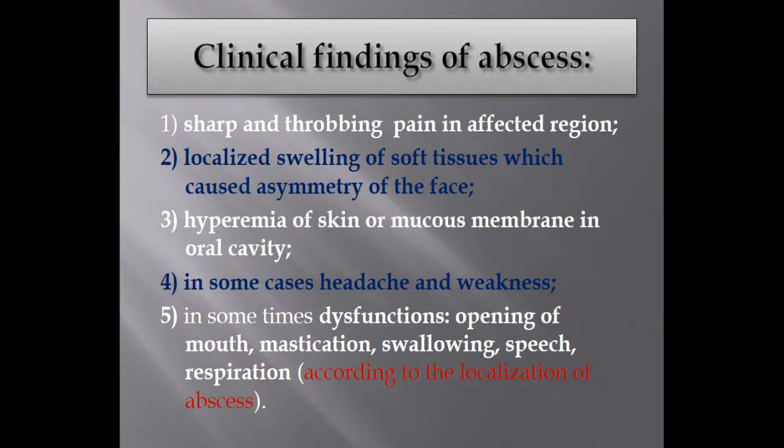It depends on the area of abscess or phlegmon formation. Of course, if it's the submasseteric area, it can lead to dysfunction of opening of the mouth and mastication, and if it's a parapharyngeal odontogenic abscess, it can lead to dysfunction of speech and even respiration.